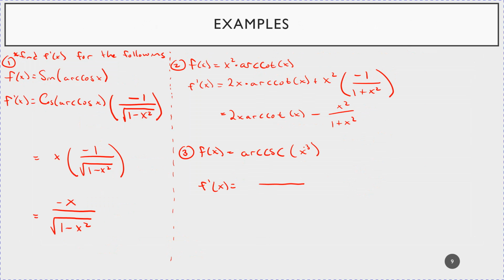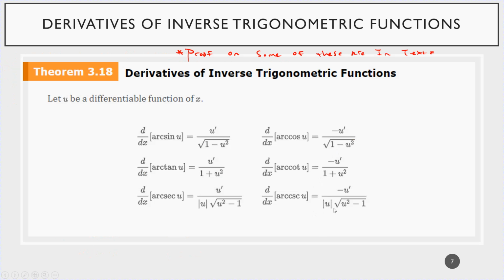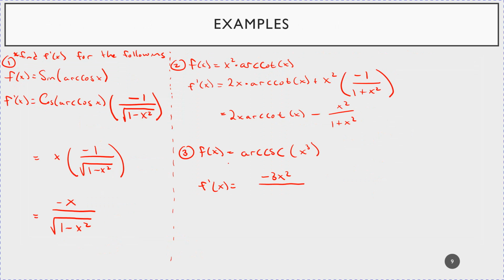So this ends up being minus the derivative of x cubed, which is 3x squared, divided by the absolute value of x cubed times the square root of x cubed squared minus 1. So this just ends up being minus 3x squared over the absolute value of x cubed times the square root of x to the 6th minus 1.